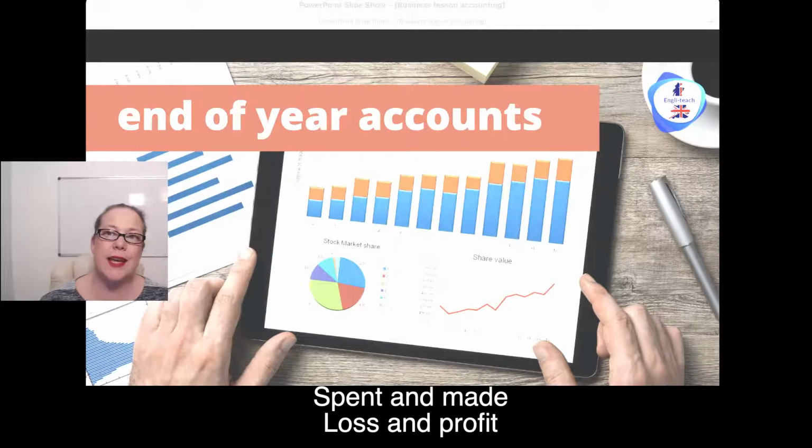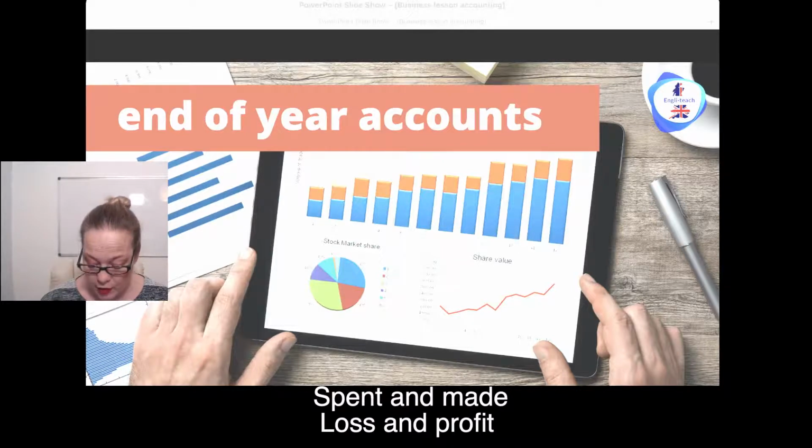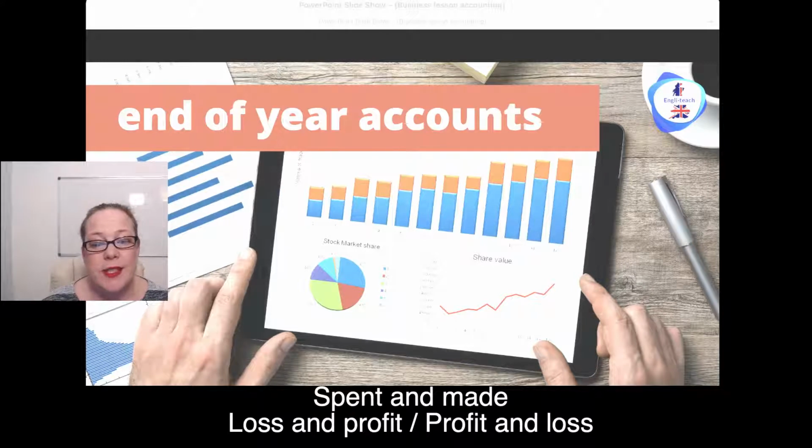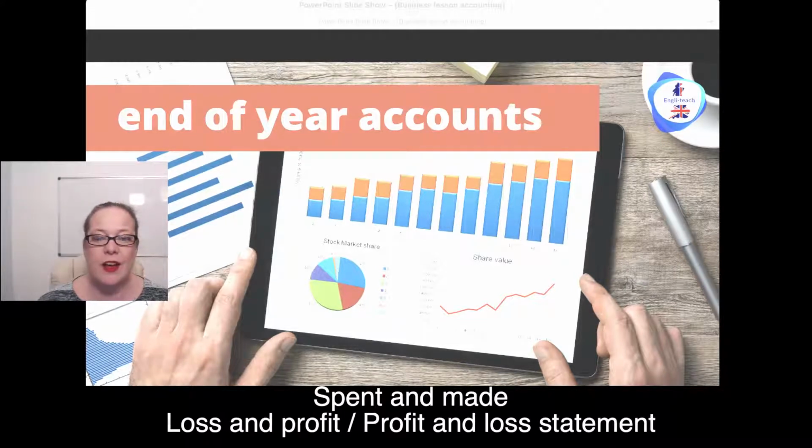So how much money has your business or company lost, if any, and how much profit has it made? Loss and profit, or profit and loss, are typical accounting terms. And a profit and loss statement is a financial document in the UK accounting world.